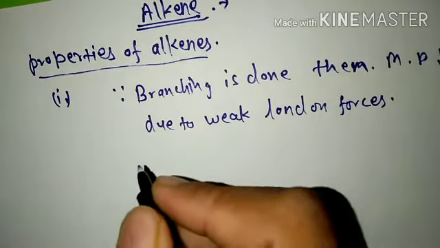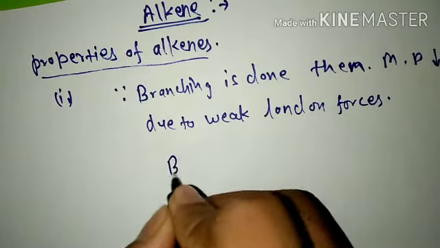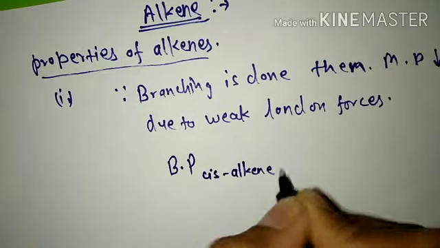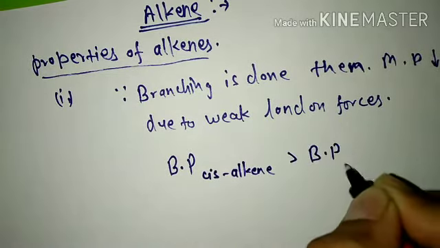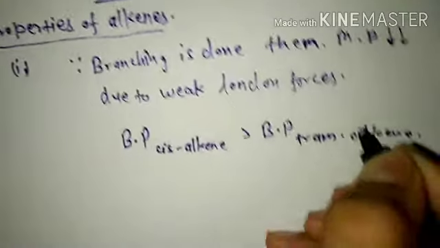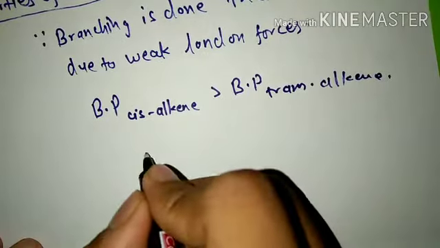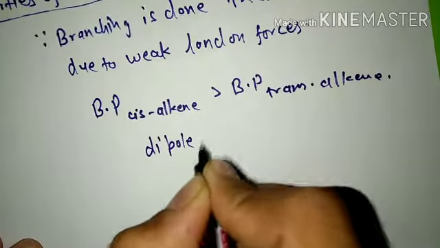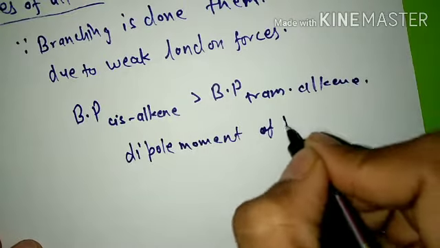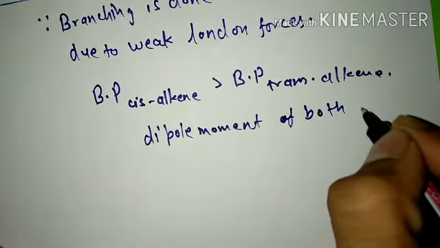Generally, the boiling point of cis alkene is greater than boiling point of trans alkene. This is due to dipole moment of both types of alkenes.